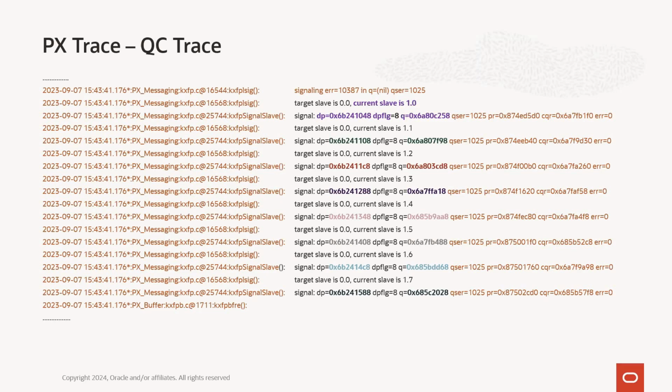You can see the DP values over there, which are 1108 and 11C8, etc. We can find the queue names and the DP. What is the DP? And the DP and the queue name, we can see it is matching over here.